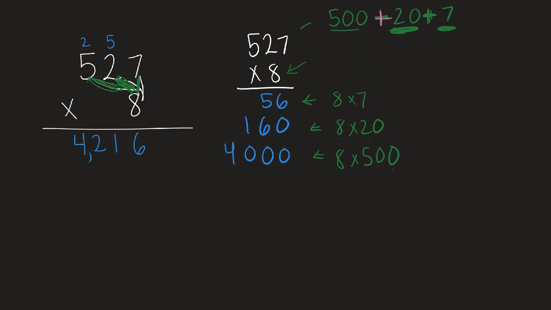And like I said, I need to now add all of those numbers. So 6 plus 0 is 6. 6 and 5, 11. 1 plus 1 is 2. And 4 plus nothing is 4. So my answer is 4,216. I found the same answer. I just used a different multiplication strategy.